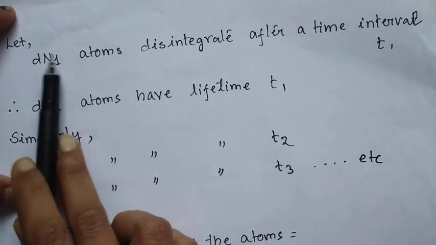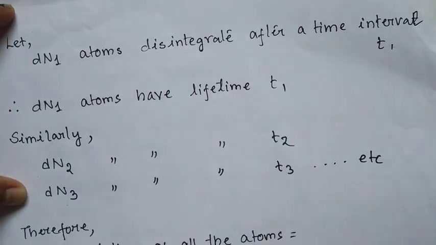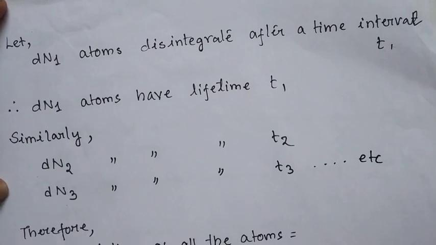Therefore, these dN1 atoms have a lifetime of t1. For example, there are 1000 atoms. Out of them, 50 atoms decay into a new type of atom after 2 minutes. So these 50 atoms out of 1000 have a lifetime of 2 minutes. And then there are 60 atoms which decay after 3 minutes. So these 60 atoms have a lifetime of 3 minutes.